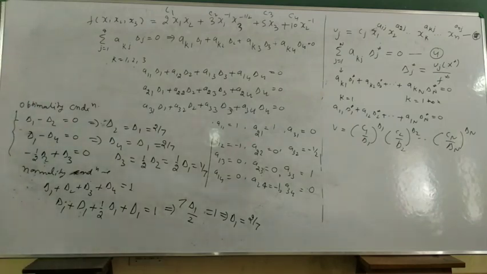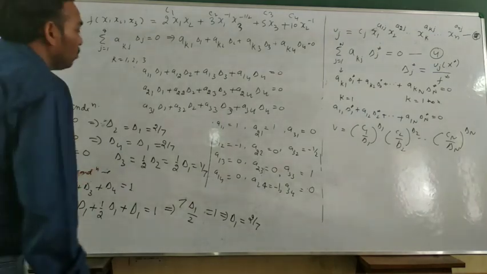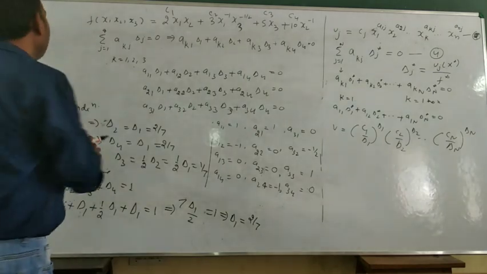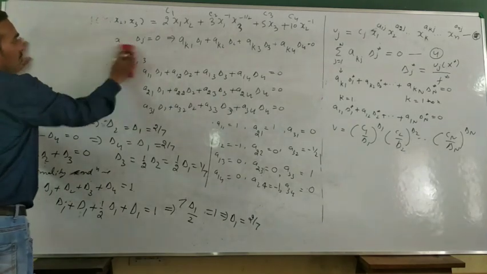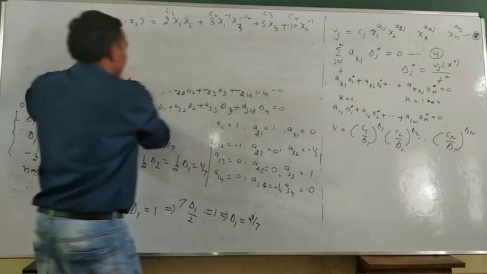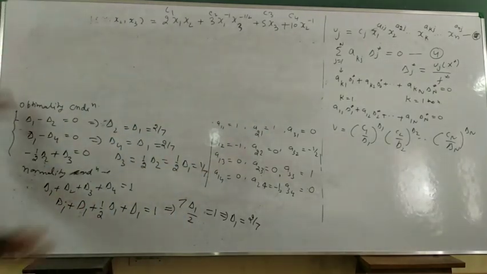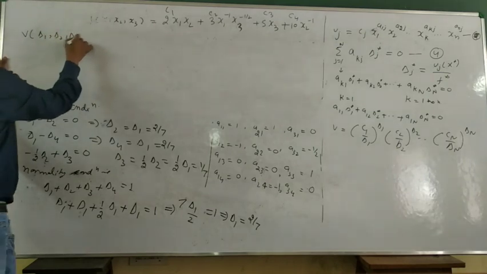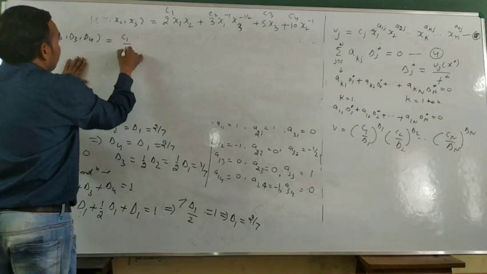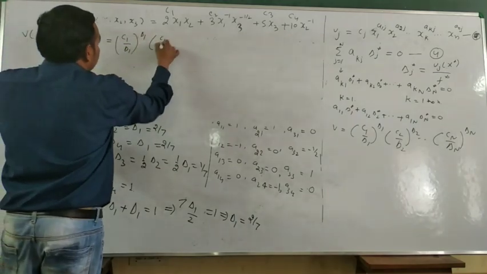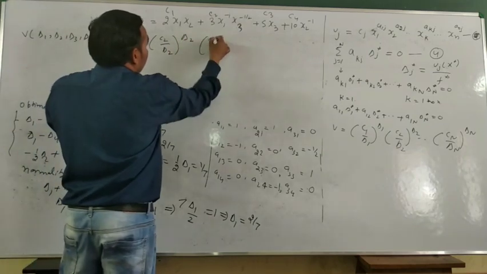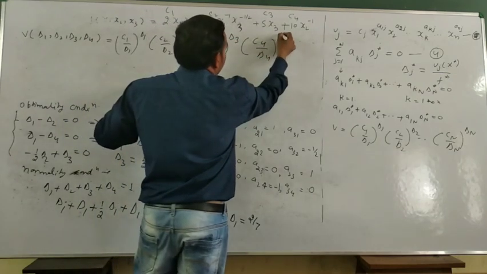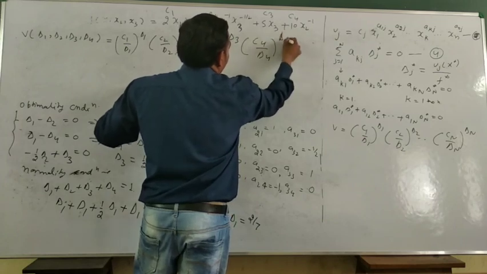So after getting the values of del 1, del 2, del 3, we find the optimizing dual function, that is v of del 1, del 2, del 3, del 4 equals c1 upon del 1 to the power del 1, c2 upon del 2 to the power del 2, c3 upon del 3 to the power del 3, c4 upon del 4 to the power del 4.